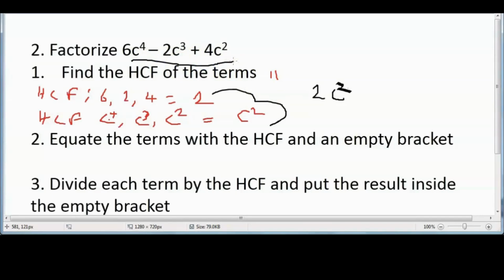They go to one side, and the HCF and the empty bracket go to the other side, like this: 6c⁴ − 2c³ + 4c² equals 2c² with an empty bracket.